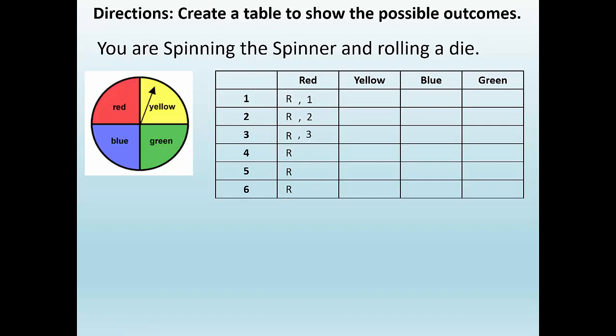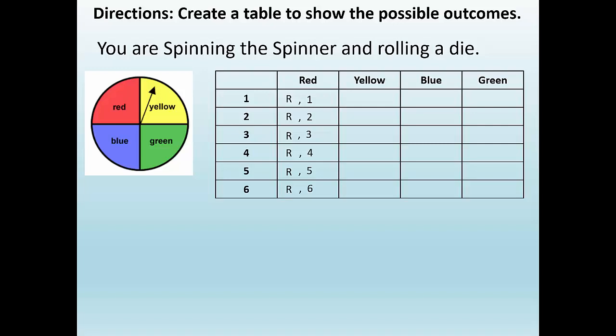My third outcome, a red 3. My fourth outcome, a red 4. My fifth outcome, a red 5. Number 6, a red 6. Now, each of these outcomes is stating I can spin a red. I can get a 1 on the die. I could spin a red. I could get a 2 on the die. These are all possible outcomes.